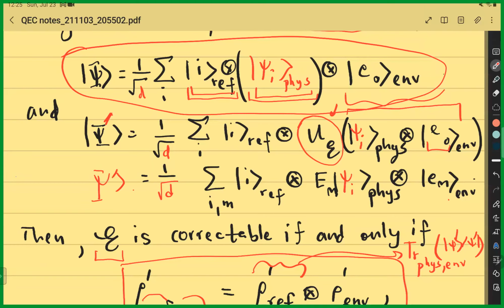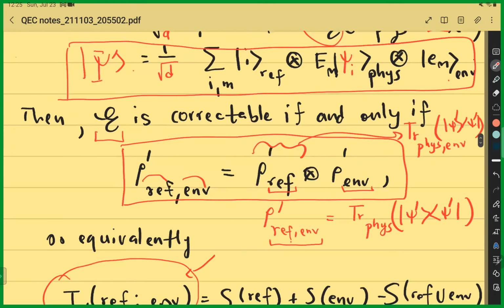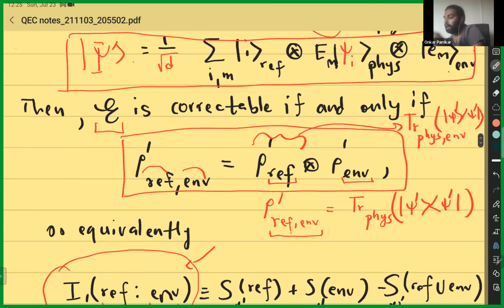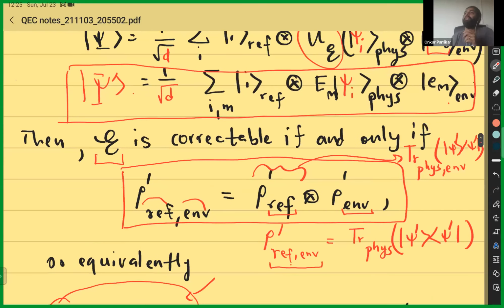Okay, so you're taking the action of this channel is like a purification, rather. So remember that the way the channel acts, you can think of as bringing in some environment and doing a joint unitary transformation, right? That's what I'm using here.